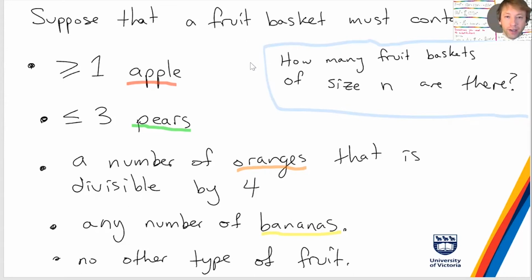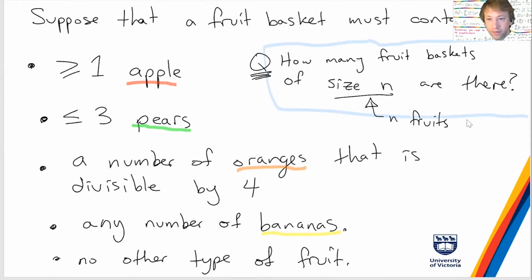And now the question is, how many ways can I make a fruit basket of size n? Size n means n fruits in total. So these are the only types of fruit. And we want to do this using generating functions.